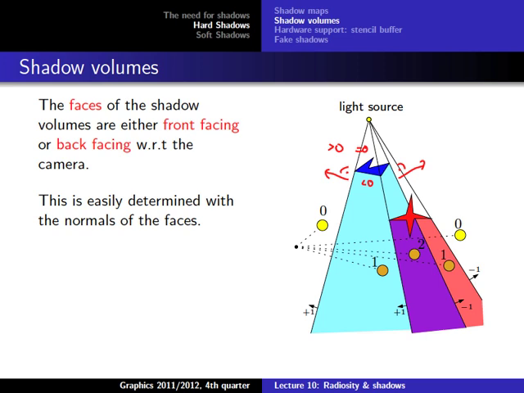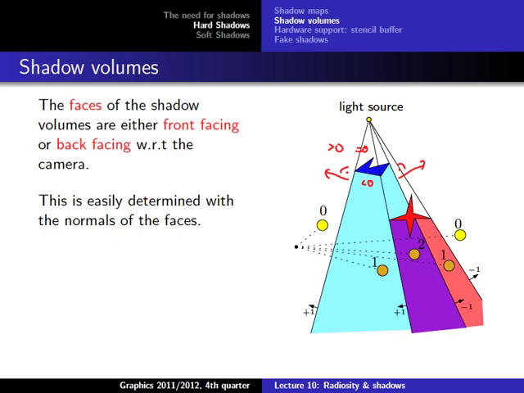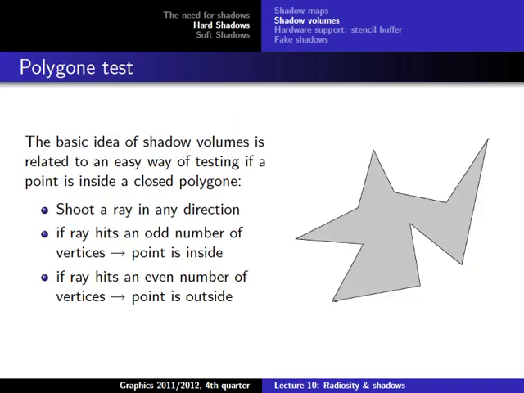And how we now calculate if a point is inside such a shadow volume or not is related to how we usually check if a point is inside a polygon or not, because of course the problem is that we can have overlapping shadow volumes here. This is why we do this the way we usually do the polygon test. The test is we place a random point somewhere in our image, for example here, and then we shoot a ray in a random direction.